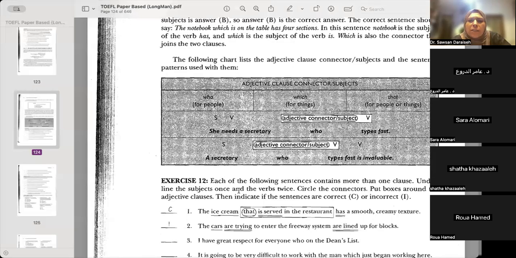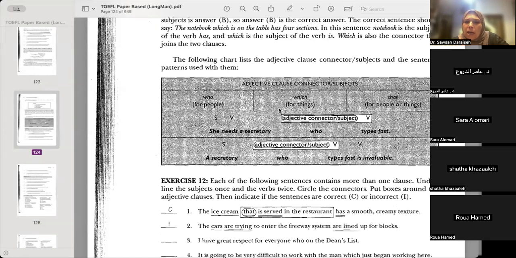The following chart lists the adjective clause subjects, connector subjects. So they are connectors and, at the same time, subjects, and the sentence patterns used with them. Take a look at this. Sometimes the connector could be who for people. We have this with who, which, and that, when they are connectors for adjective clauses.